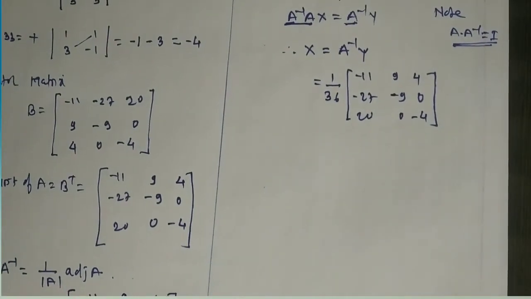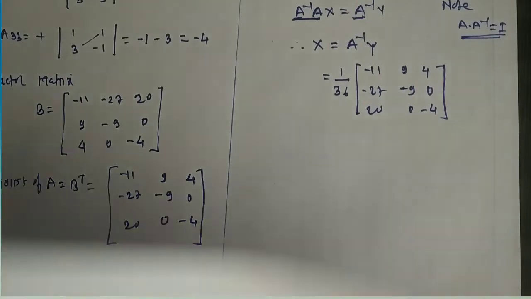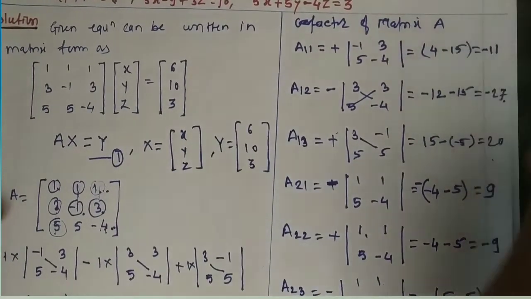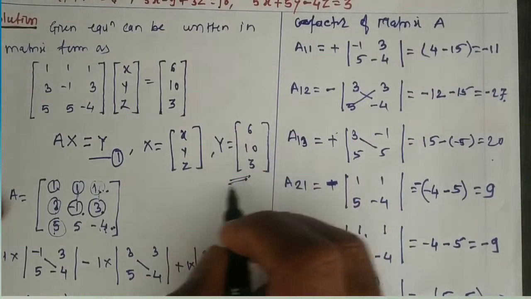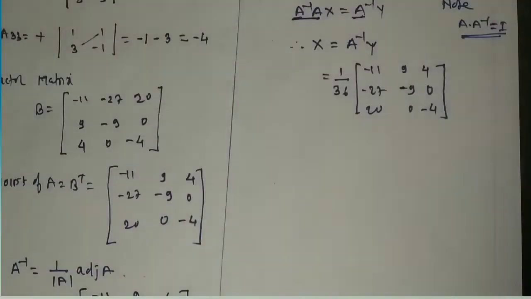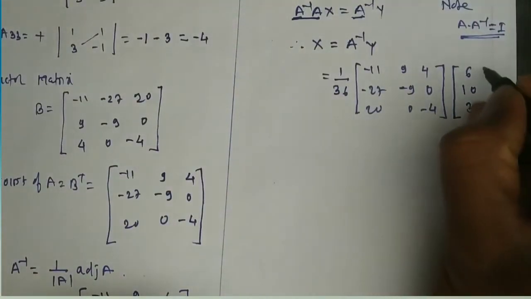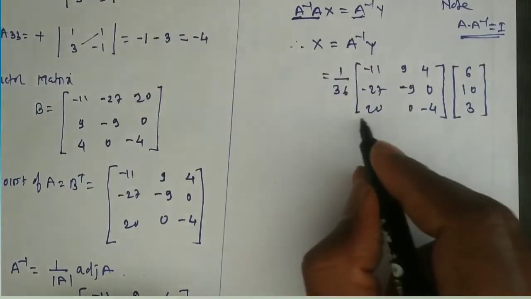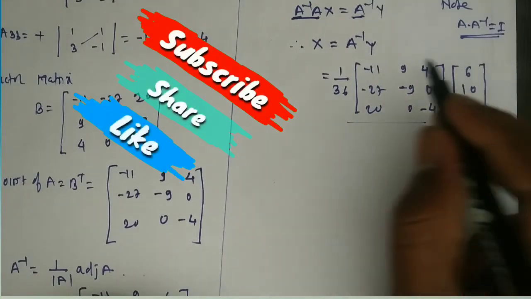Now I will substitute the value of Y, because look here, in the starting only I told you this is Y, right? So Y is 6, 10 and 3. So I will replace Y here with 6, 10 and 3. So I got A inverse here and I substituted Y here, correct?